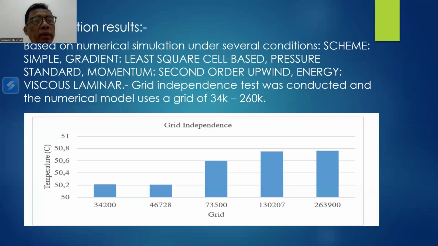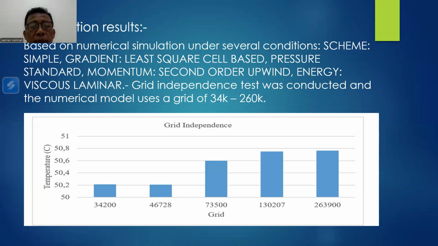Simulation result. Based on numerical simulation under several conditions: scheme simple, gradient least square cell based, pressure standard, momentum second order upwind, energy second order upwind, viscous laminar. The grid independence test was conducted on grids from 34 until 260 thousand elements.